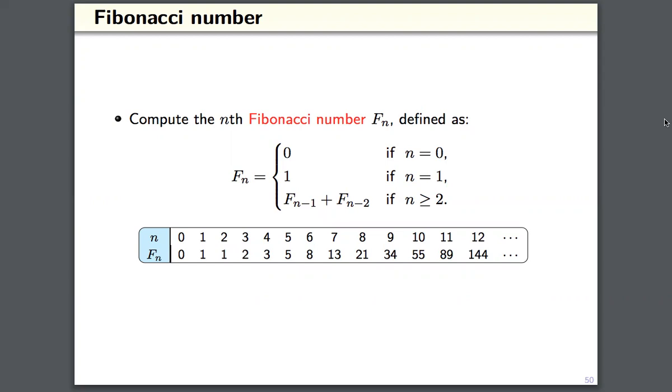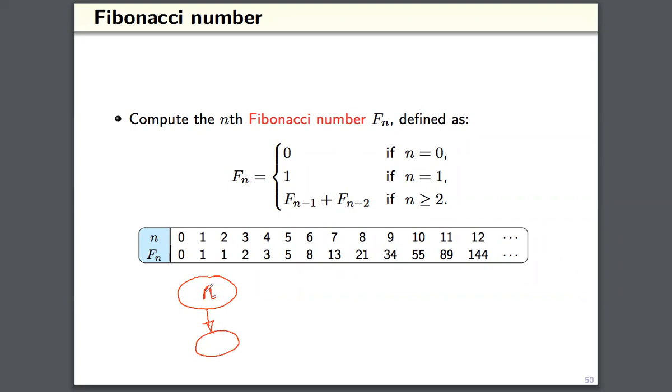We looked at the decrease and conquer approach, right? What is decrease and conquer? Let's define it like this. You have a problem and that gets reduced into a subproblem.